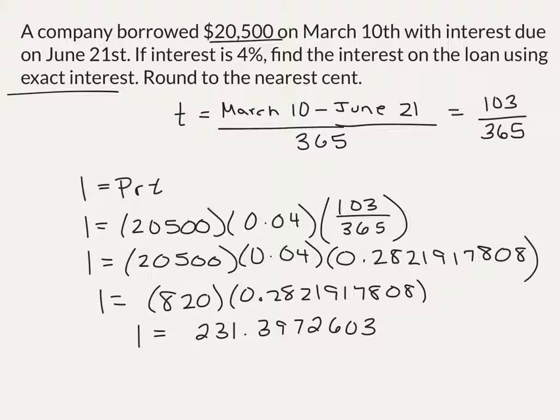Next, since interest is a monetary value, it's the amount of interest earned or due, we're going to round to the nearest cent. So this gives us a final answer of $231.40.